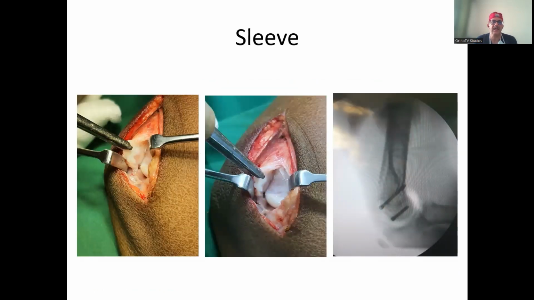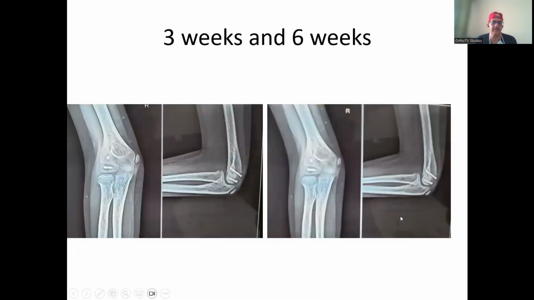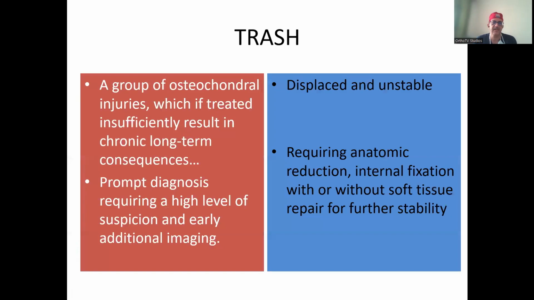It was connected to the capsule and the radial head used to subluxate because this was not healed up. So we had to open reduce, freshen the edges and fix this with Herbert screws so that we tightened up the posterolateral corner, and this healed in 3 to 6 weeks and the child is back to normal.